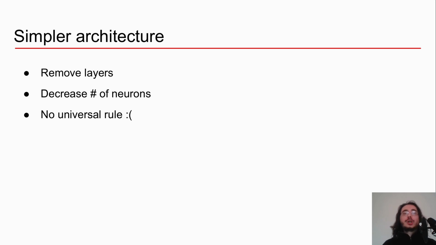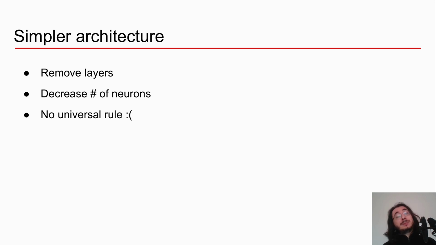So by going with a simpler architecture, we remove all of that, and that basically means that the model is more likely to perform better on more general data. So this is the first option that we have to fight against overfitting.